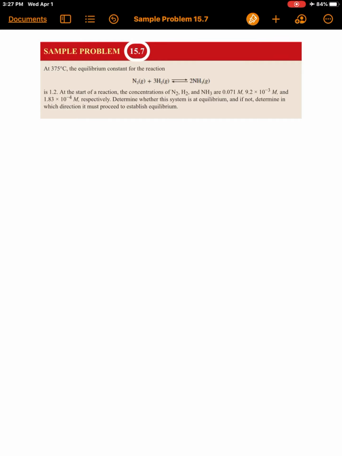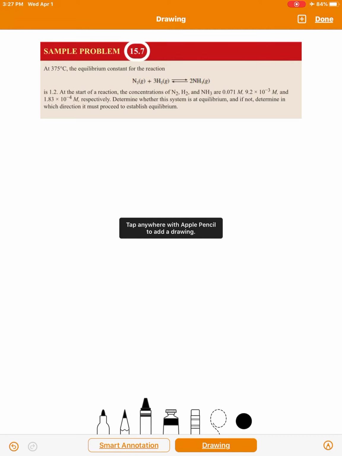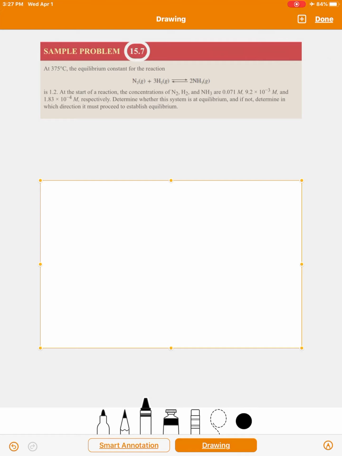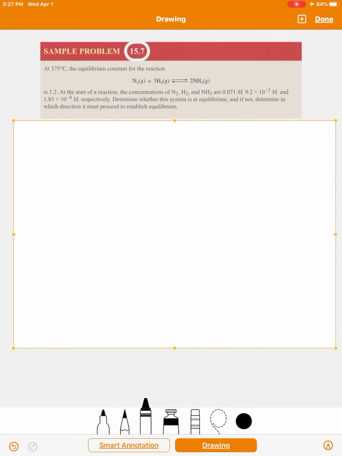This is sample problem 15.7. At 375 degrees Celsius, the equilibrium constant for the reaction N2 gas plus 3H2 gas becomes 2NH3 gas is 1.2.